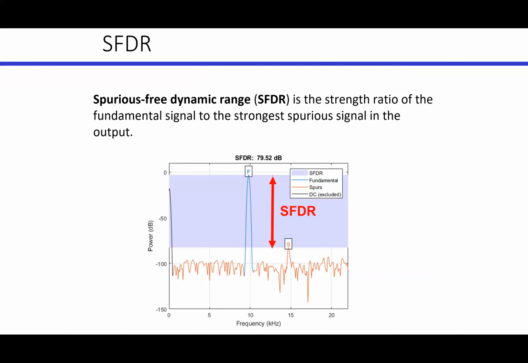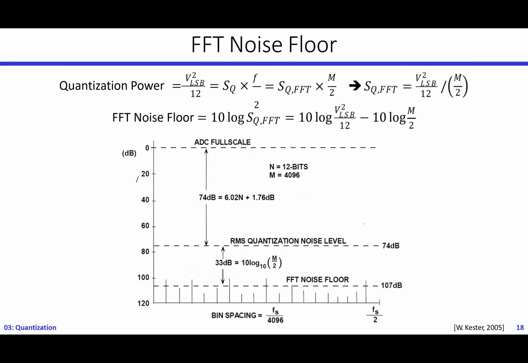It tells you in dB the difference between your input signal and the maximum harmonic, the highest harmonic that you see in your spectrum. A large value of SFDR is a good thing, and we will see later how it is also related to other performance measures of the ADC.